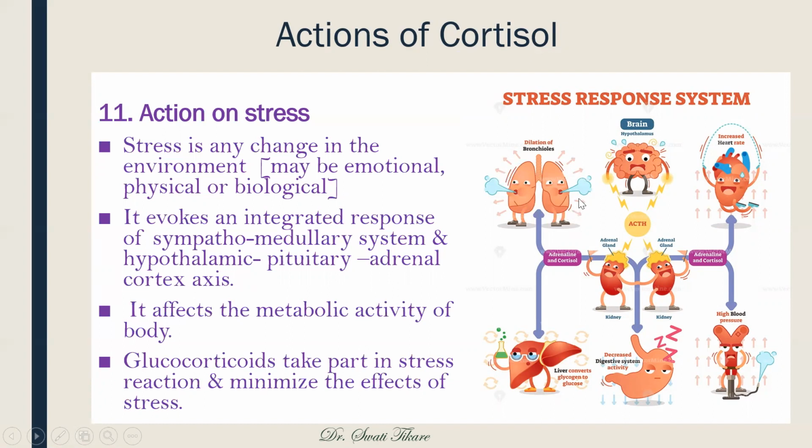The major places where it has its actions are: one, in the lungs, it causes dilatation of the bronchioles and helps in good ventilation. Okay, so there is dilation of the bronchioles. In the liver, in times of stress, actually, a lot of glucose is produced.